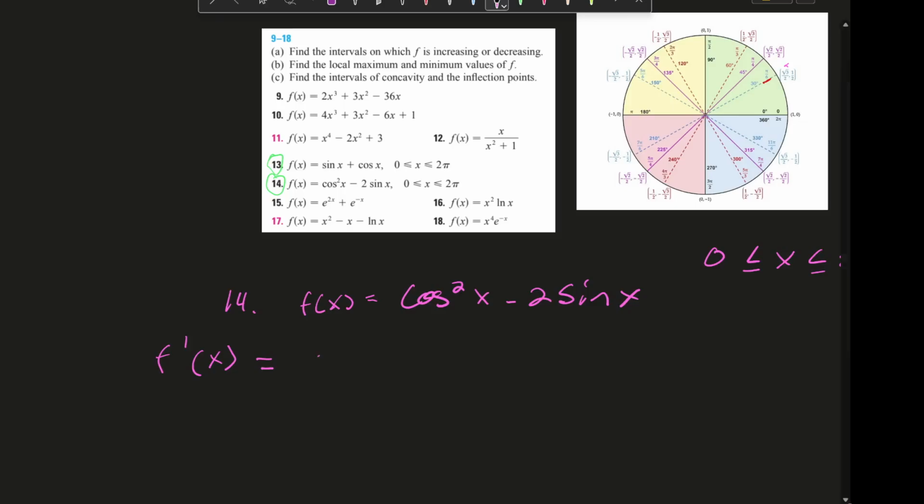Cosine squared x, that's 2 cosine x times, by the chain rule, negative sine x, and then minus 2 cosine x.